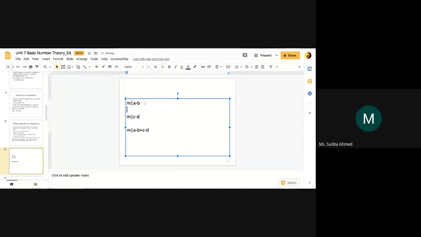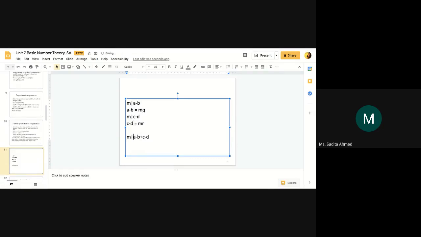Yeah, because think about it. If M divides A minus B, we can say that A minus B is equal to, let's say, MQ for some integer Q, right? Similarly, we can say that C minus D is equal to MR for some other integer R, all right? If M divides these numbers, then we can say that.